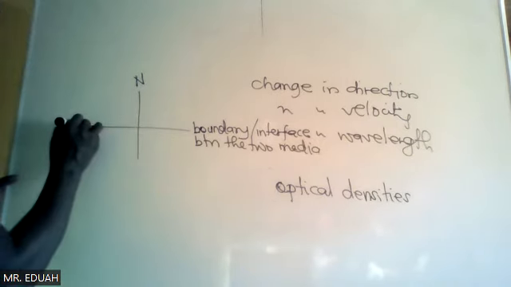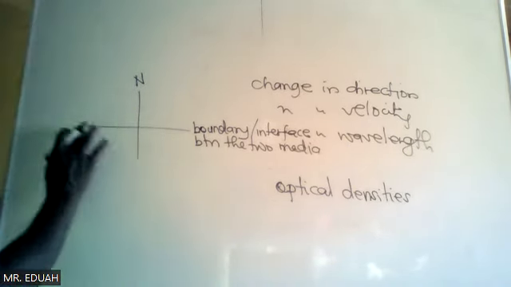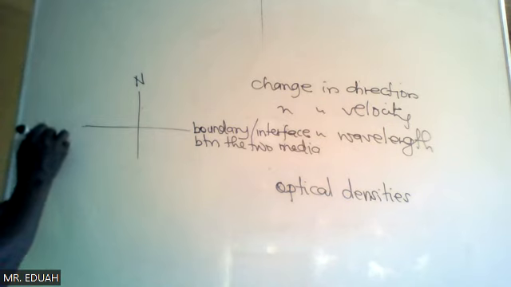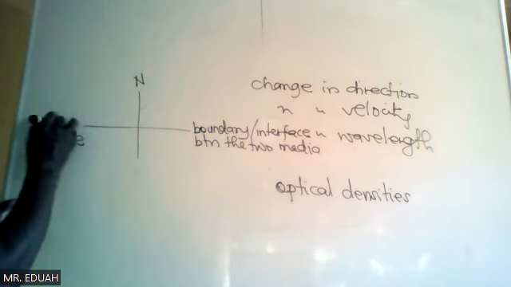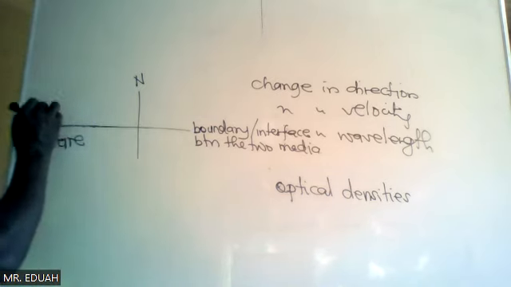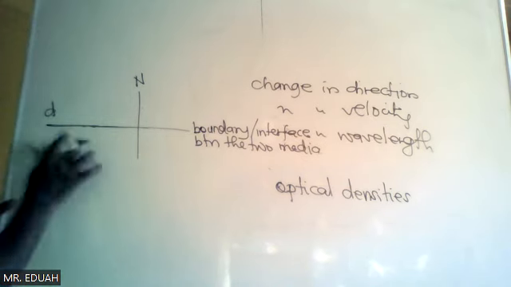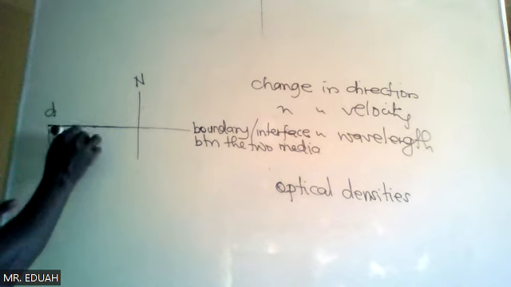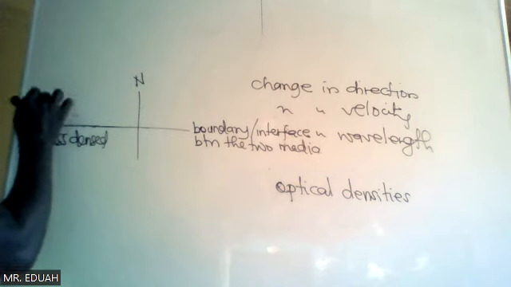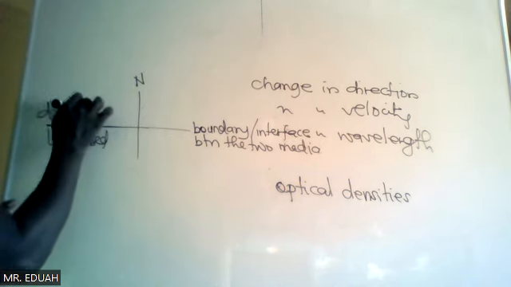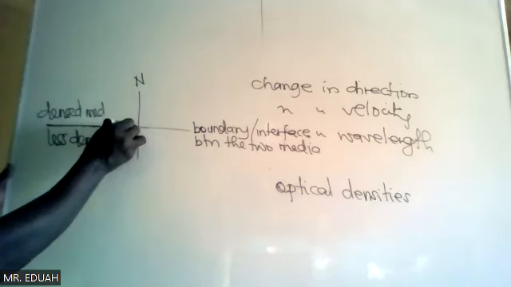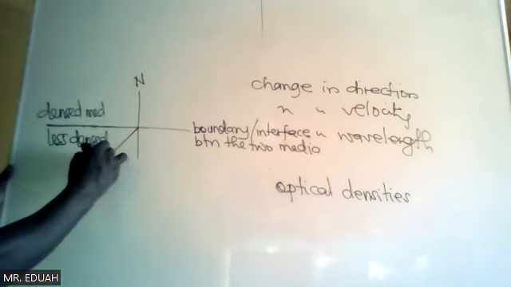When the light is propagated from a less dense medium to a dense medium, this is the incident ray.